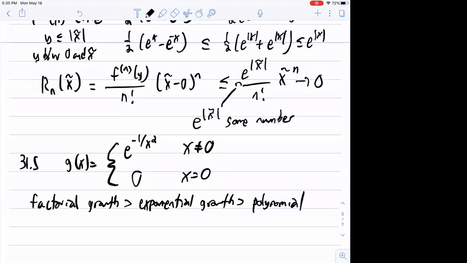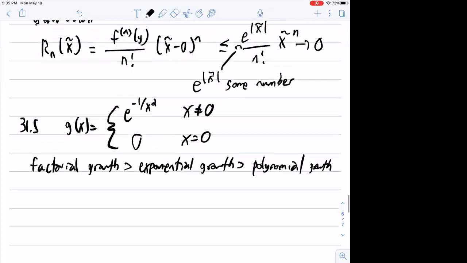By L'Hopital's rule, because if you take the derivative of e to the x, it's just e to the x, but x squared just keeps decreasing in degree, so you get just a constant eventually. So you can see exponential growth is way larger than polynomial growth.